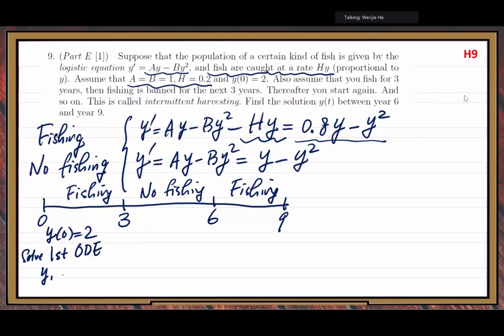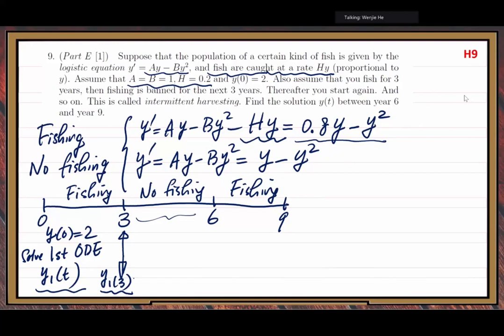Let me call it y1 of t. It's not hard, so you can find y1 of t. After you find y1 of t, you need to know the value at year 3, so you calculate y1 of 3. That is the starting point of the second phase, no fission.